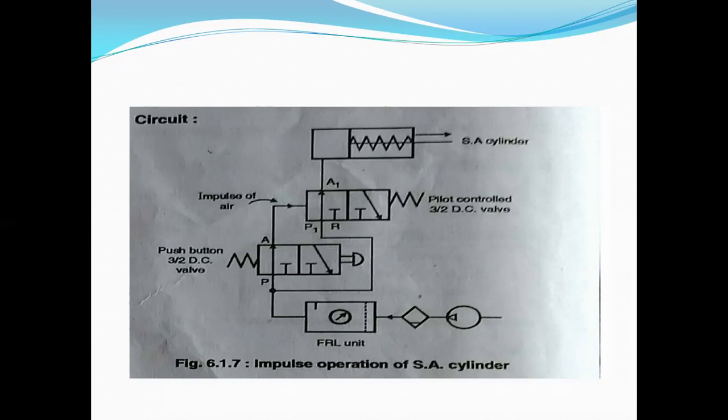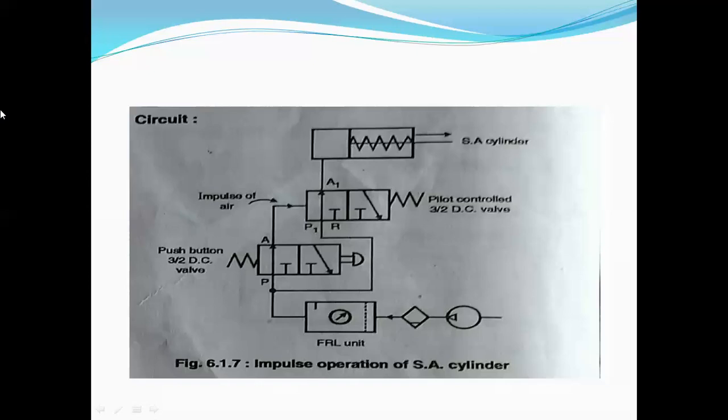So the primary circuit is your compressor, then moisture separator, FRL unit, this 3x2 direction control valve, and this actuator. Here the extra 3x2 valve is the impulse circuit.